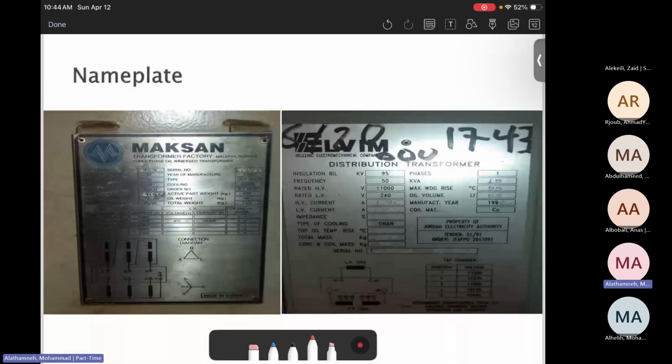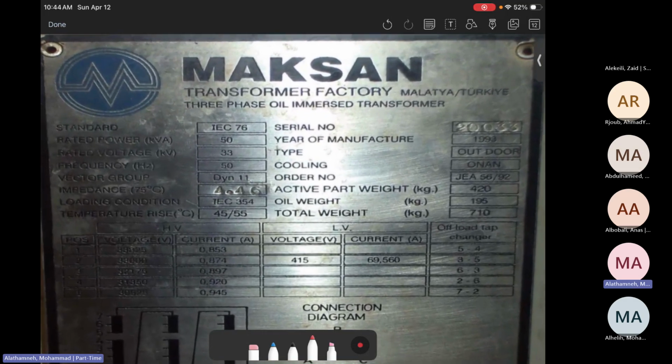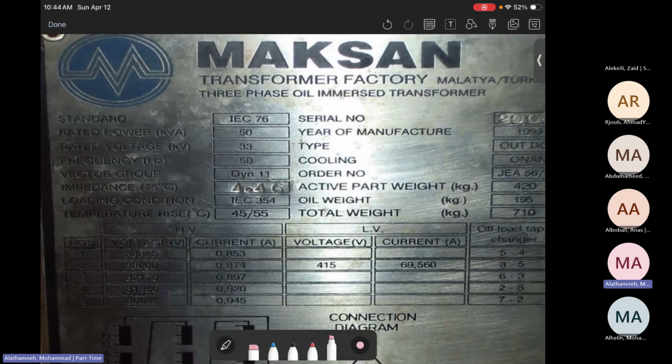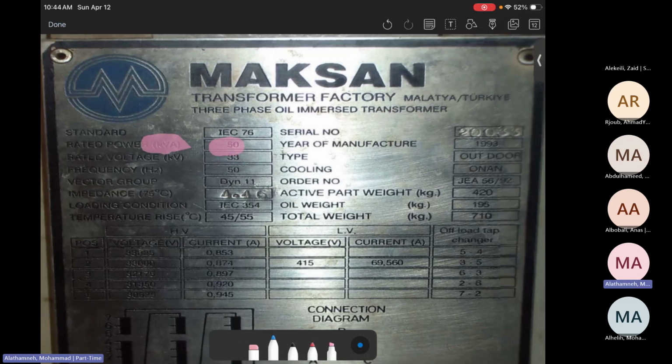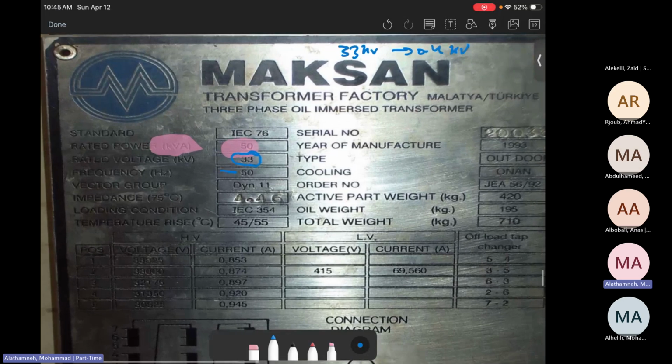Here is a picture of the nameplate of the distribution transformer that we are using in Jordan. When you look at it, it's a very small rating, 50 kilovolt-ampere, and the voltage 33 kilovolts, because this distribution transformer converts 33 kilovolts to 0.4 kilovolts. This is very common in Jordan. And when you look at the frequency, this is 50 hertz.